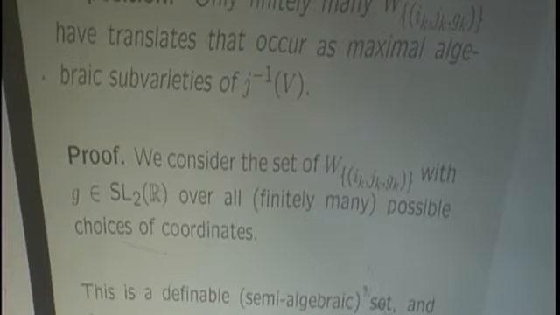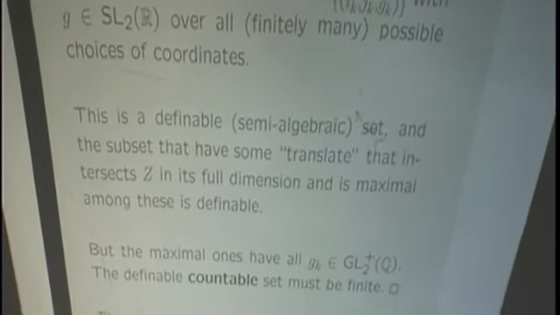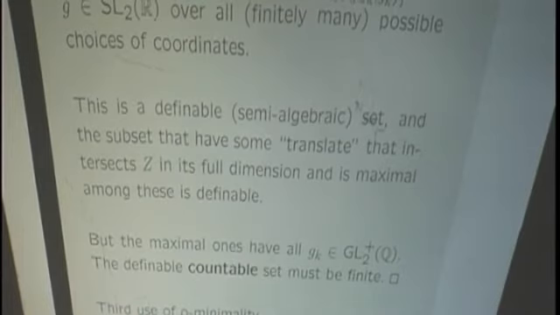We can look at the set of W's that arise in that way with the G's in SL2R. With the G's in SL2R, that becomes a definable set. Which G's have the property that that W has a translate that intersects Z and is maximal among such things? That's a definable set.